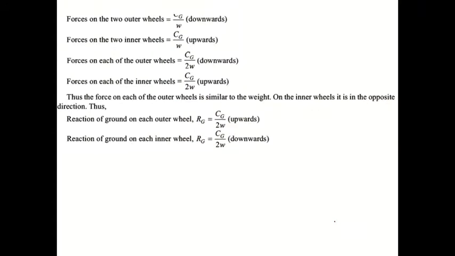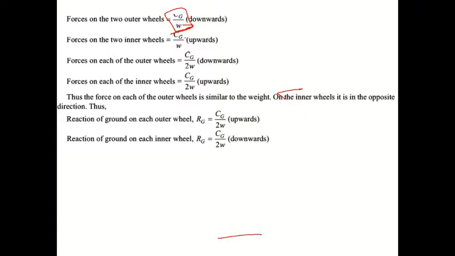Next, forces on the two outer wheels. We have to find the forces acting on the two outer wheels, which is the gyroscopic couple Cg divided by W. That is the force formula.